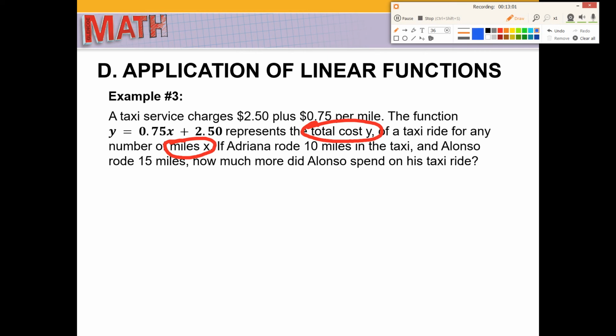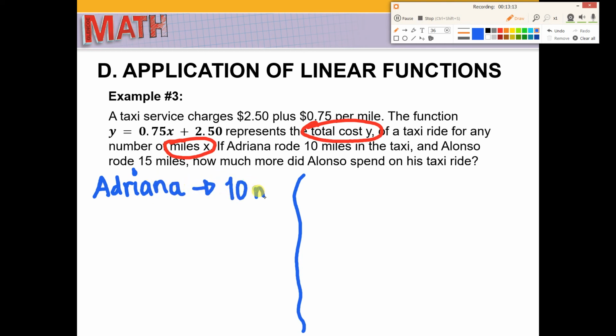So let's do that now. For Adriana, she rode for 10 miles, while Alonso rode for 15 miles.